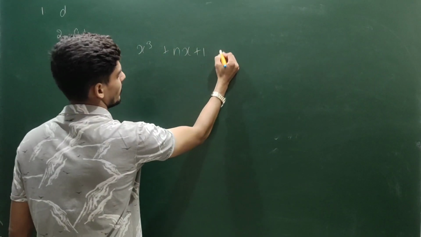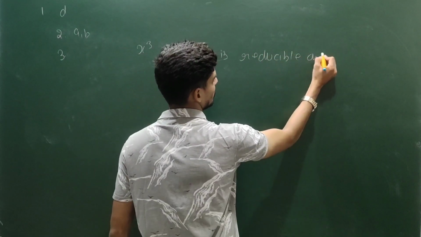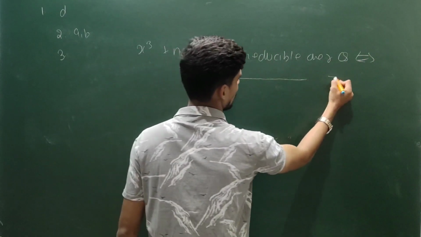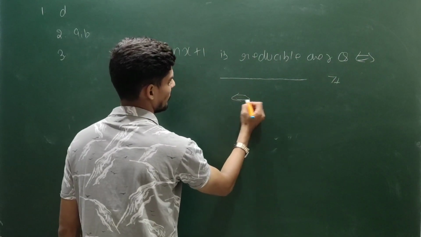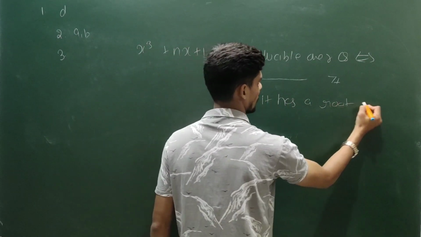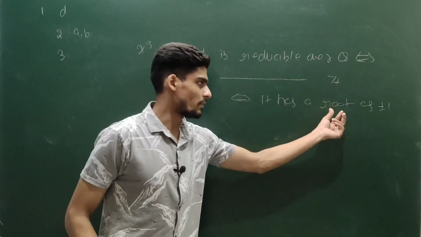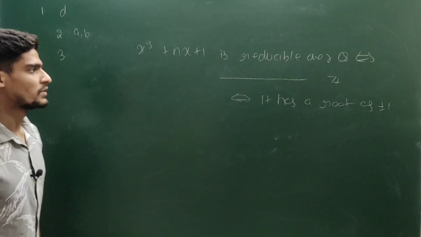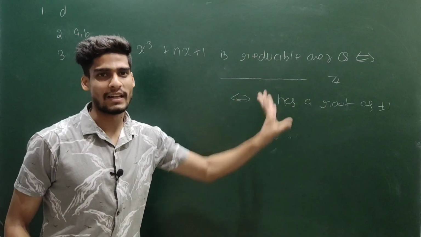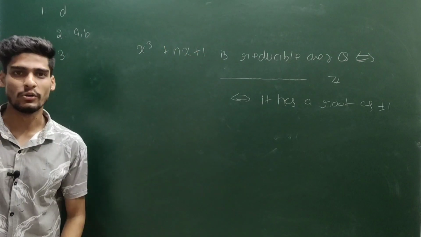So I can say this is reducible over Q if and only if it is reducible over Z if and only if it has a root as plus minus 1, because if it has a root over Q, then the possible root is either 1 or minus 1. So we need to find the value of n for which it has a plus 1 root or a minus 1 root. For that, this will be reducible, otherwise it will be irreducible.